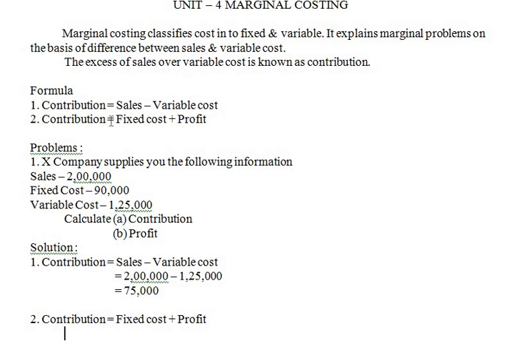Now they have asked us to find out profit. Just check the second formula. We have contribution, we have fixed cost, we need to find out profit. So the same formula we will apply: contribution is equal to fixed cost plus profit.